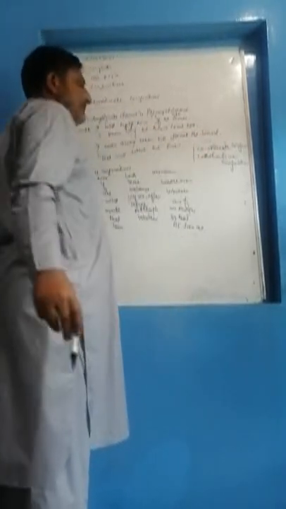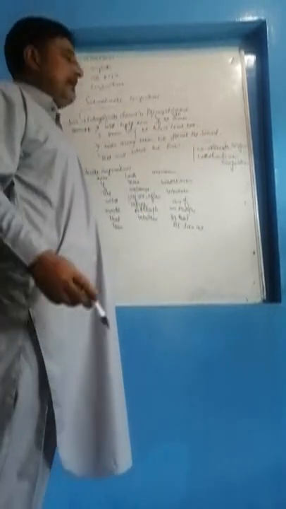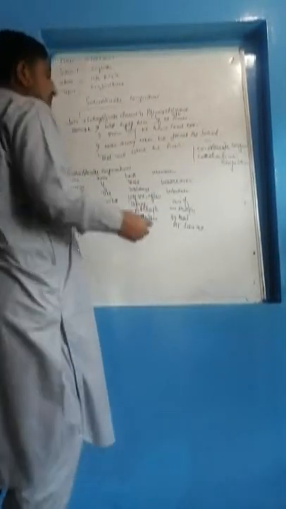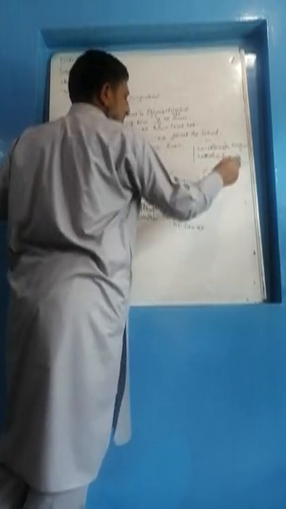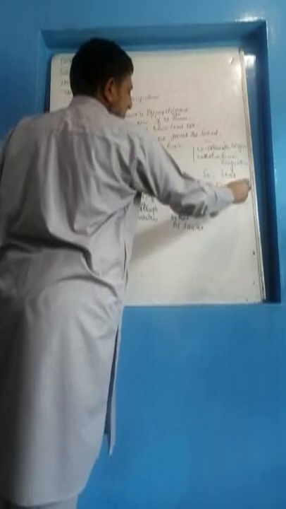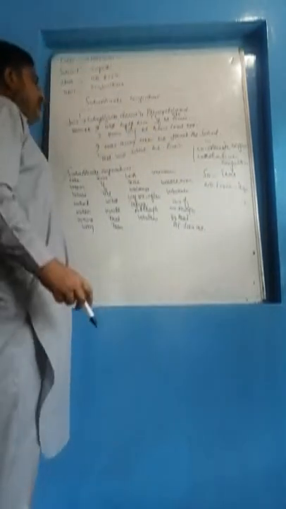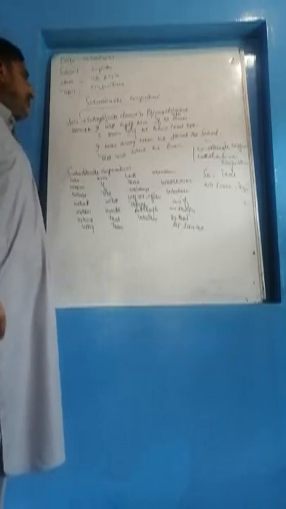And then correlative conjunctions, they are in pairs, as you know. For example, so, that, or we can say no sooner than, and etc. So today let us discuss subordinate conjunctions.